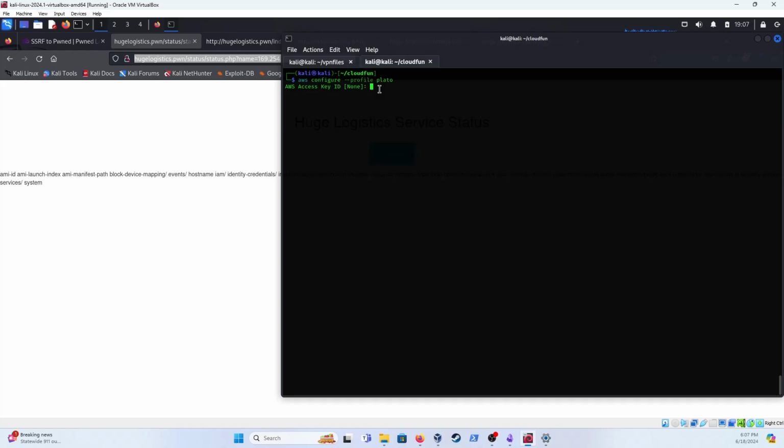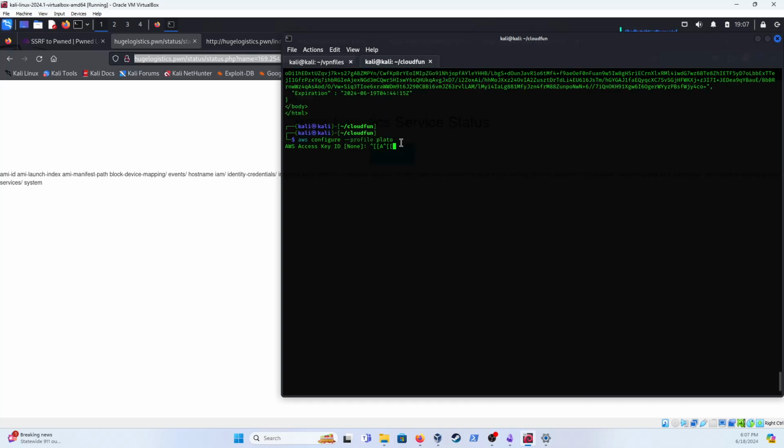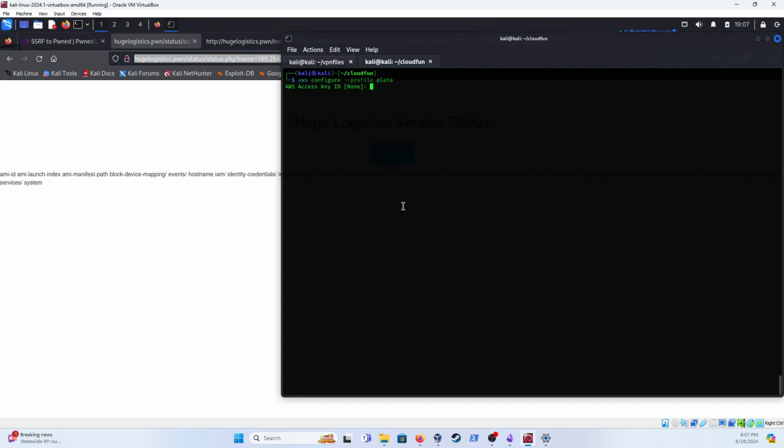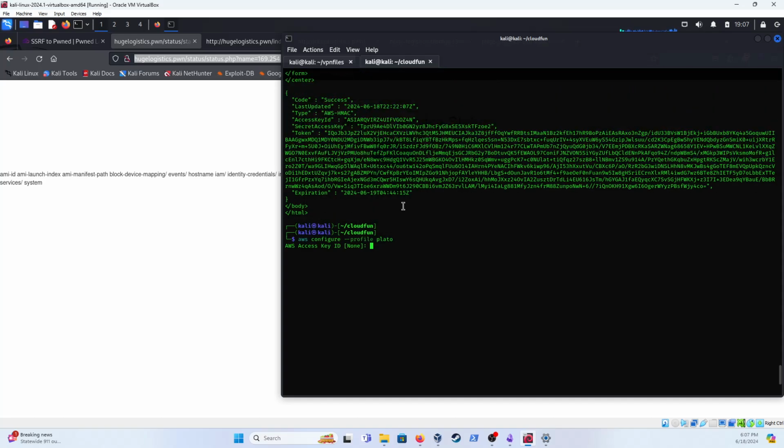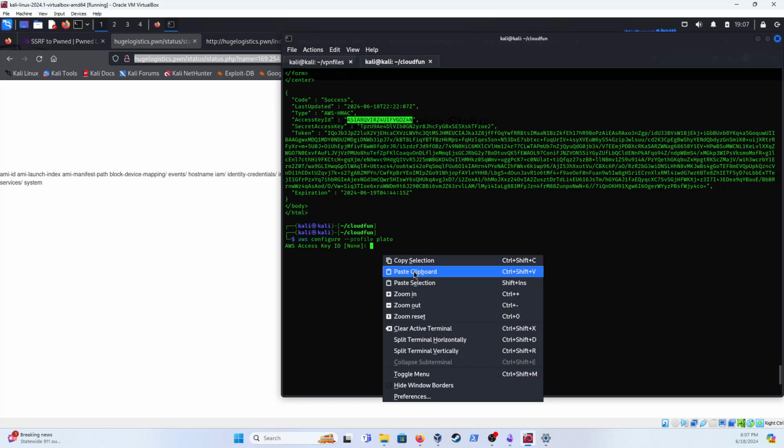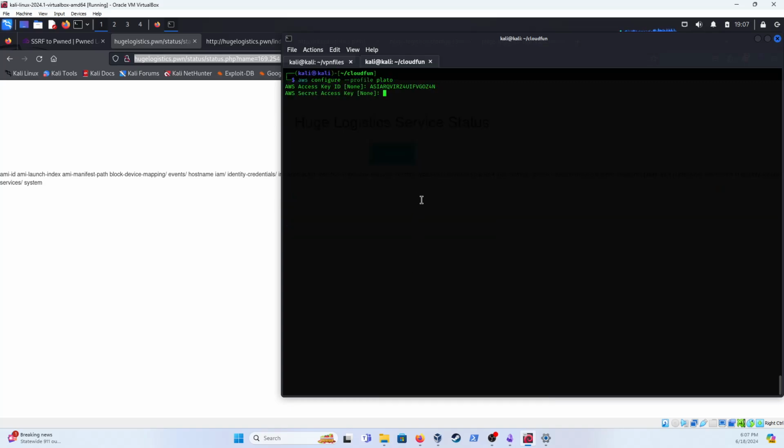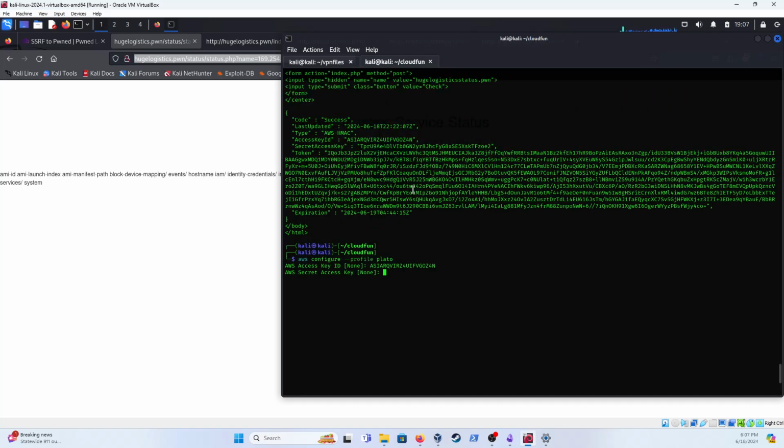So what we can do is just grab, whoops, I need to scroll up here real quick. So we did aws configure, and now what we're going to do is grab the access key ID. Okay, now secret access key. Grab that.